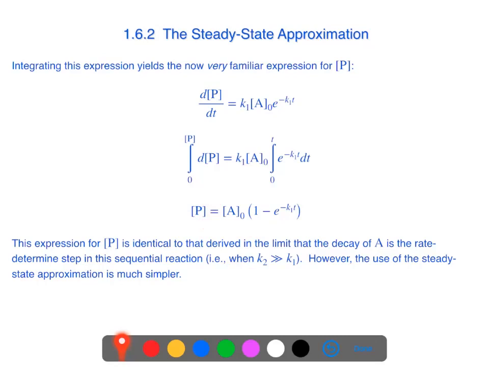Now, how well does the steady state approximation align with experiment? Well, it does depend on the relative magnitude of the rate constants k1 and k2.